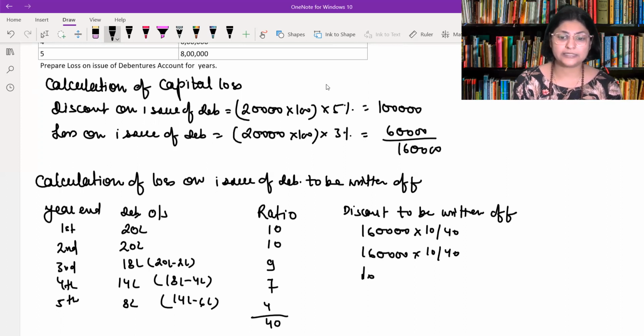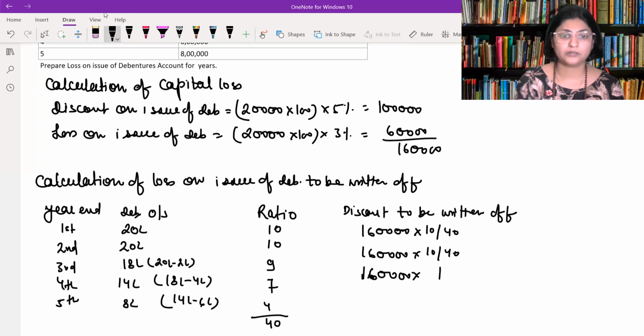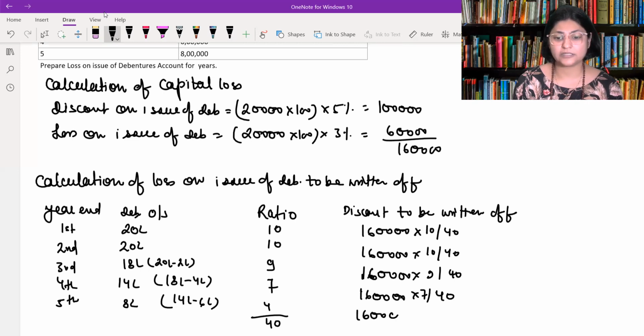Again, 1,60,000 into, not 10 this time, it is 9 divided by 40. 1,60,000 into 7 divided by 40, and 1,60,000 into 4 divided by 40.